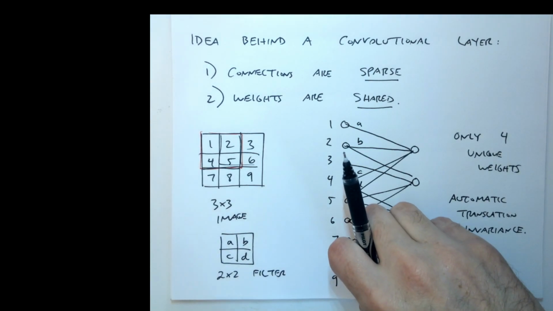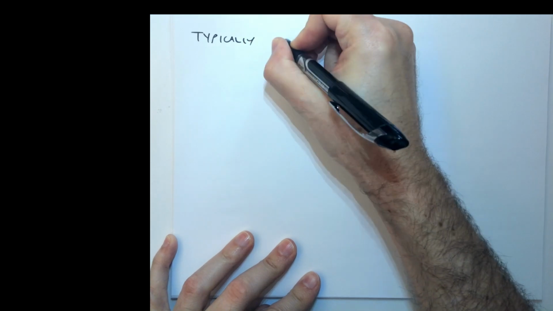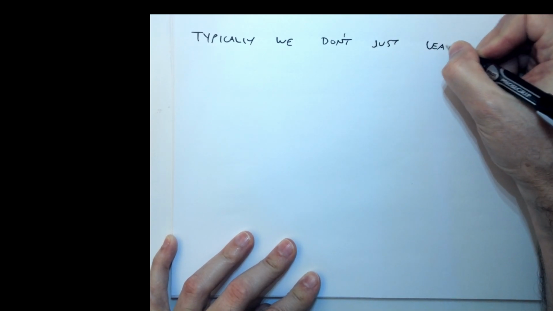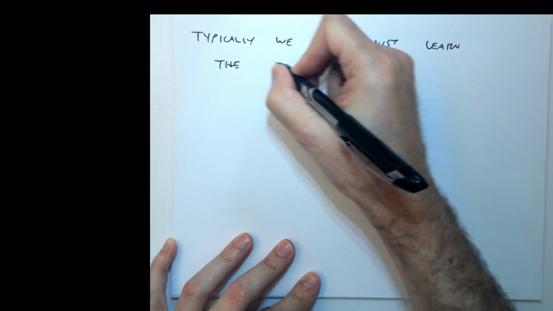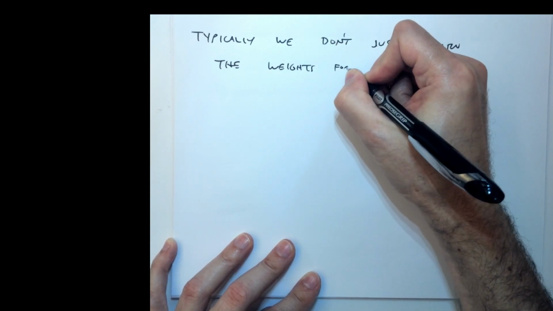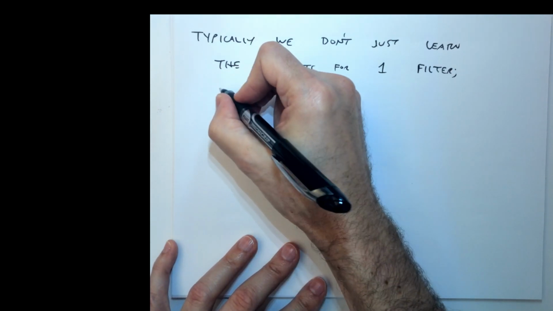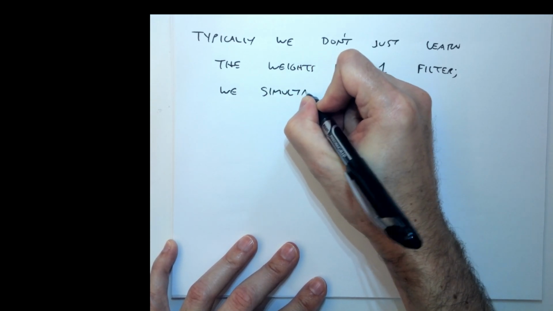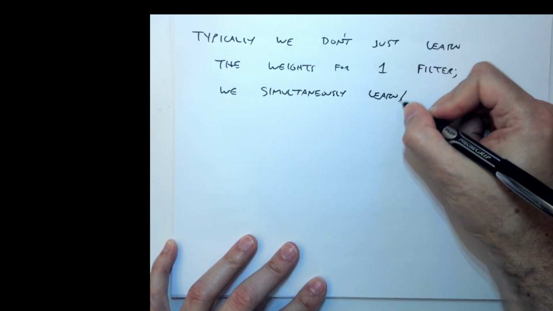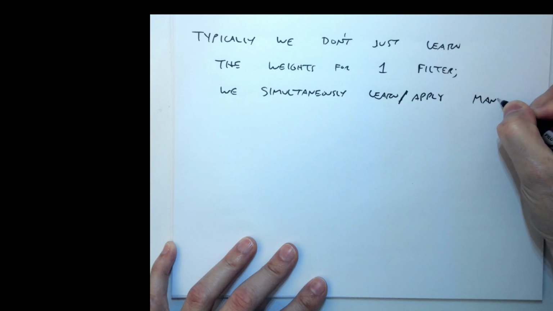So typically we don't just learn the weights for one filter. We simultaneously learn, or maybe apply, a bunch of filters at once.